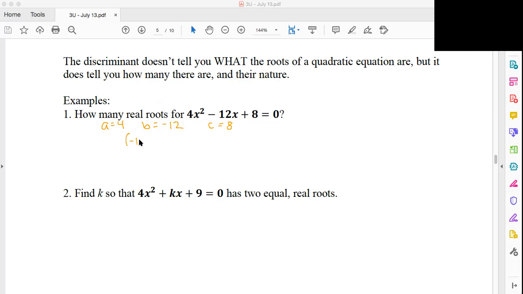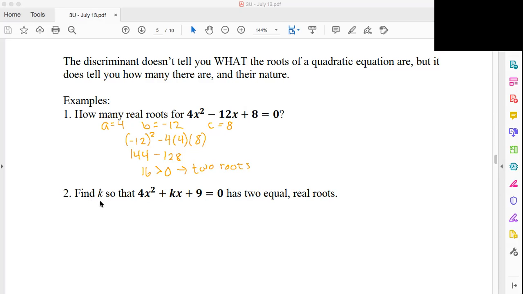So we're going to do -12 squared minus 4 times 4 times 8. -12 squared is 144. 4 times 4 times 8 is 128. So 144 minus 128 is 16, which is larger than 0, which means there's 2 roots. Okay.